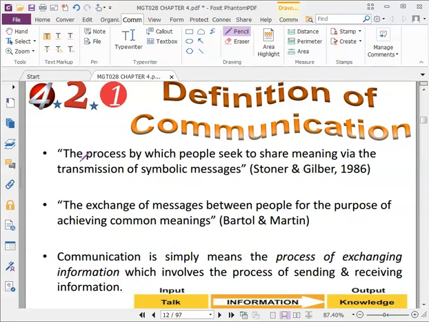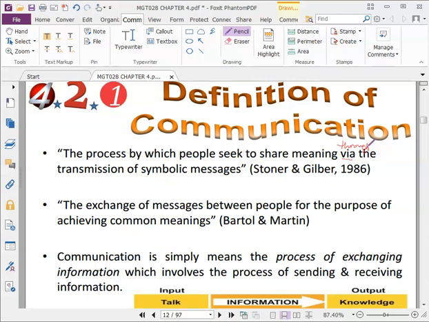Dia kata apa? Komunikasi ni adalah satu proses di mana orang akan menggunakan coding ataupun symbolic message untuk menyampaikan informasi. Itu maksud dia. Via maksudnya through, melalui. So itu Stoner and Gilbert. But let's look at Bartol and Martin.